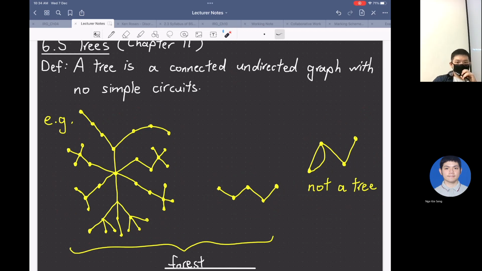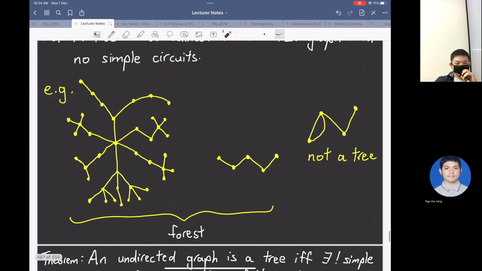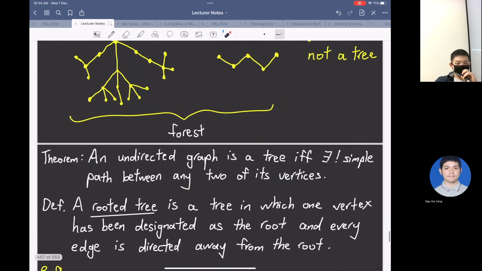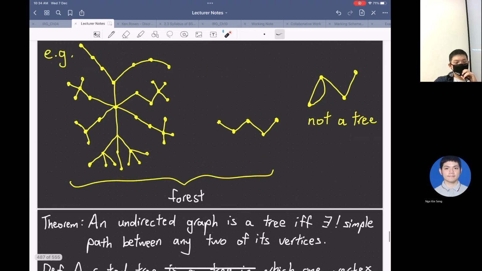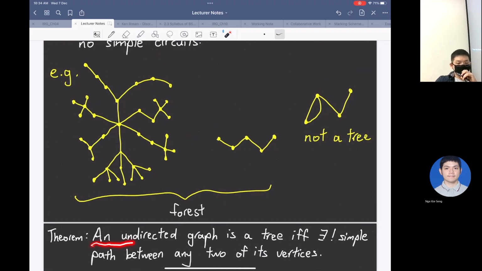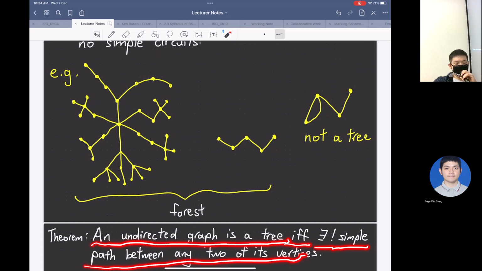Next we will introduce a bunch of terminology. But before that, from this definition here, we can see that an undirected graph is a tree if and only if there exists a simple path between any two vertices.